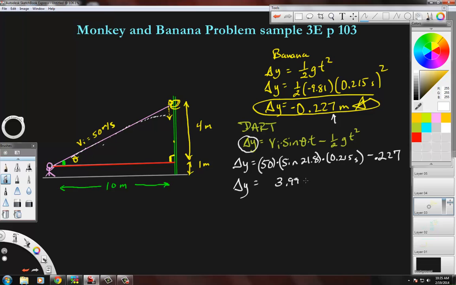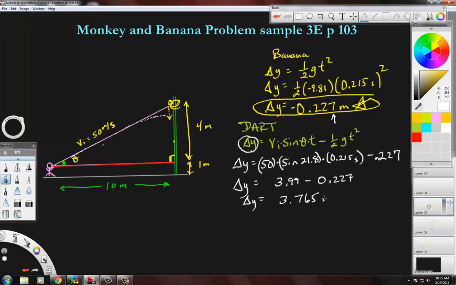And if we take away 0.227 from it, and by the way, we're keeping this value that we plugged in here positive, even though that's a negative answer, because we're looking at it from the monkey's perspective. So this delta y would be, because it's falling down, 3.765.